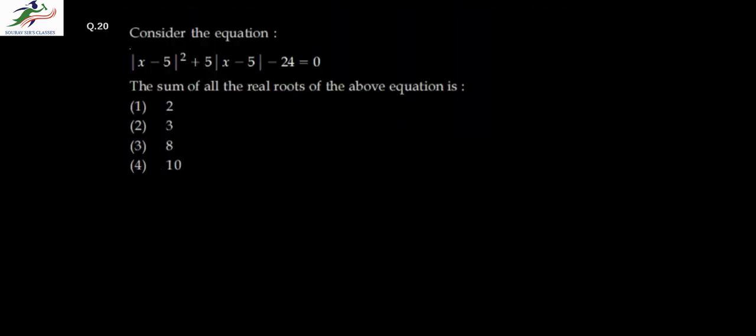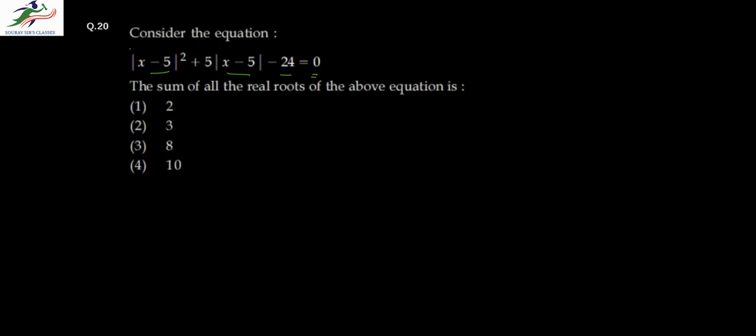We move to question number 20, and this question appears to be very simple, but it's a very tricky one, and let me show you why. It is said that the modulus of x minus 5 squared plus 5 times the modulus of x minus 5 minus 24 is equal to 0. Very simple equation.